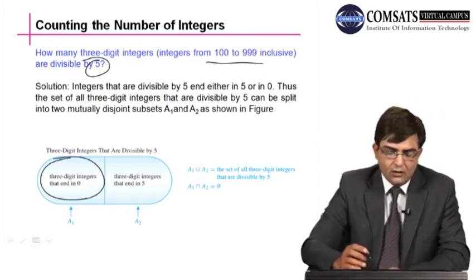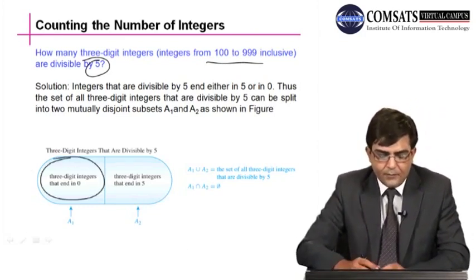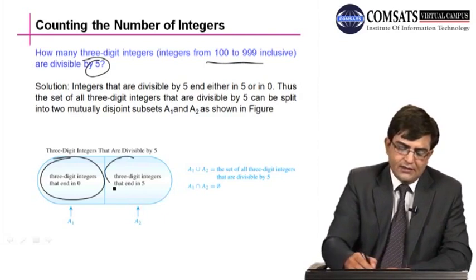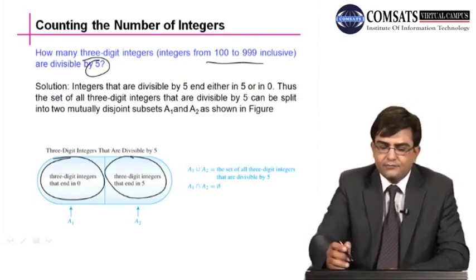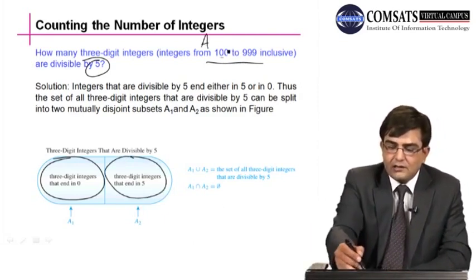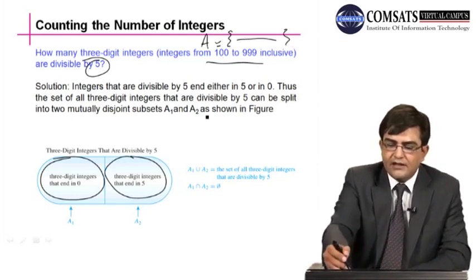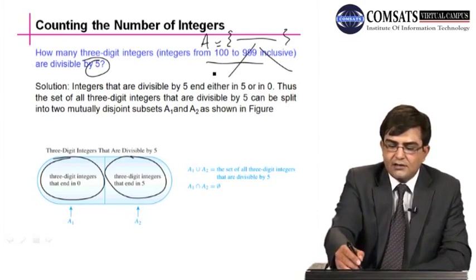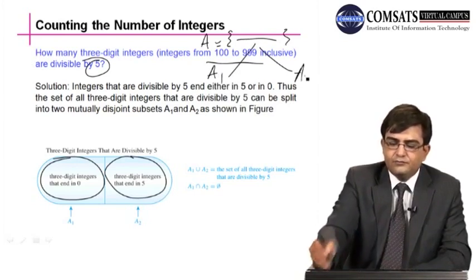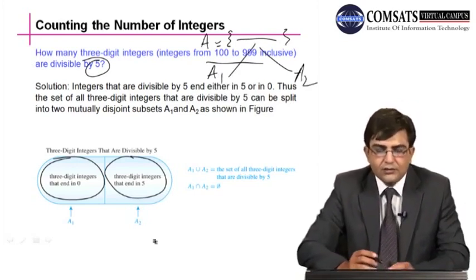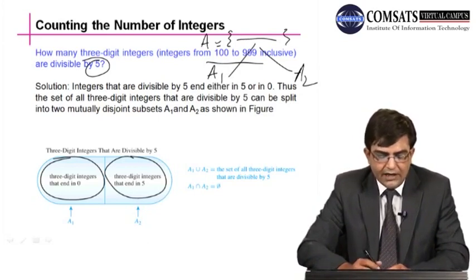A1 contains all those integers in which the end digit is 0, and A2 contains all those integers in which the end digit is 5. These are subsets of the set A which contains all the integers from 100 to 999.